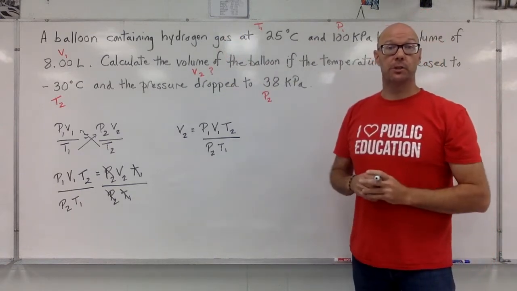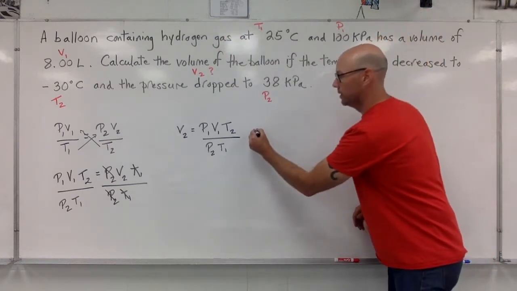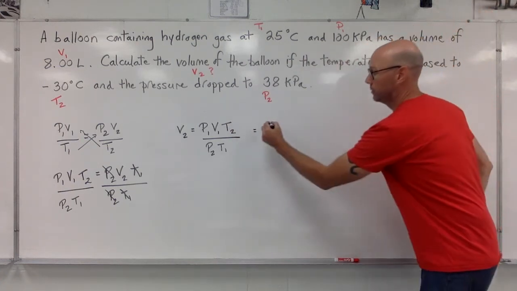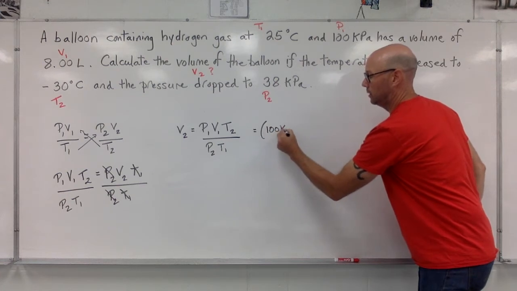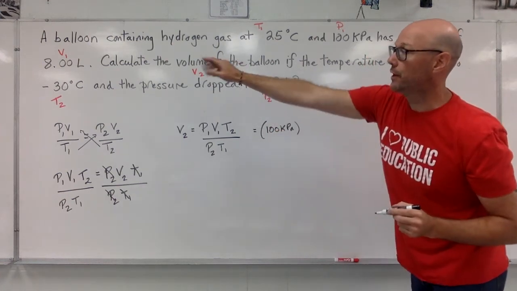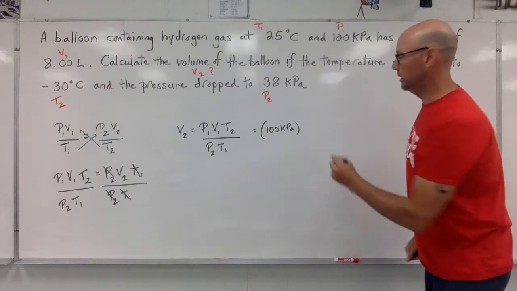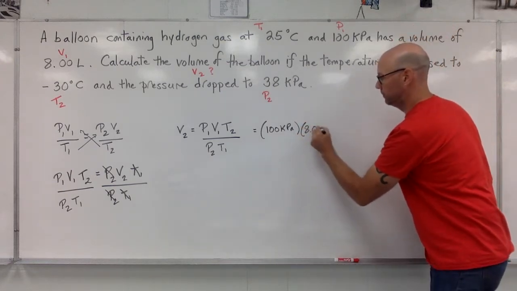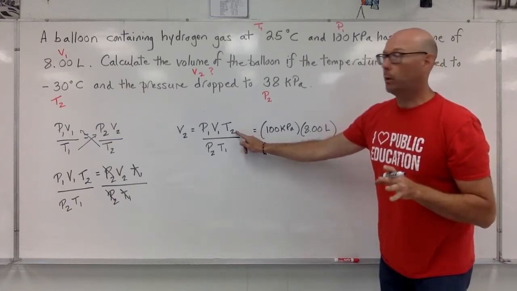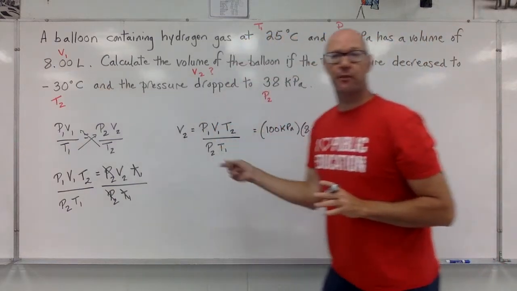Now, if I have the correct formula and I have these labels, let's make sure I get the numbers in the right spot. This is P1. That was 100 kilopascals. V1, the first volume over there, 8.00 liters. And now T2. What was T2? Negative 30.